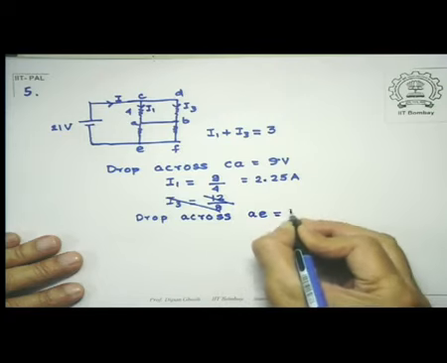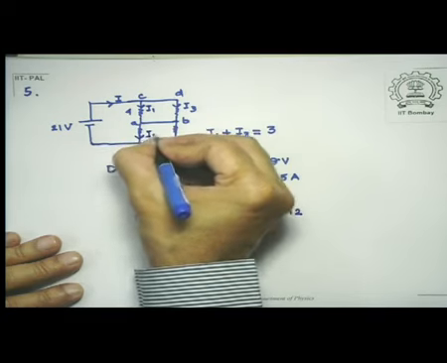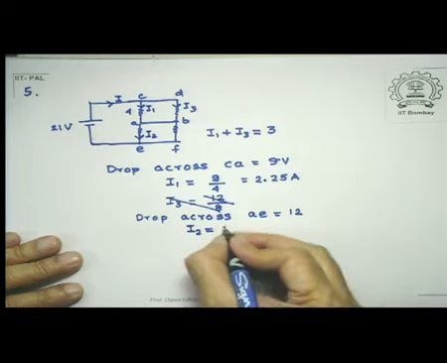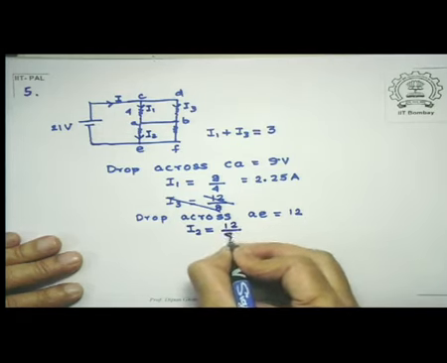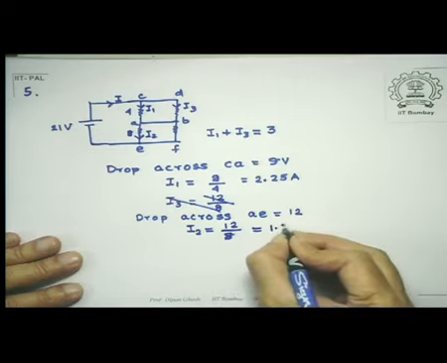The drop here is equal to 12 volts. So if we call this I2 now, that would be equal to 12 divided by 8 ohms, that was the resistance of this. So that's equal to 1.5 amperes.